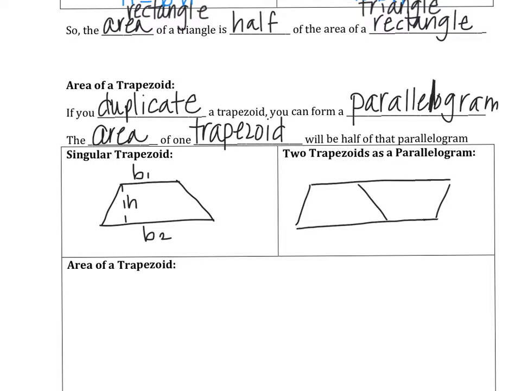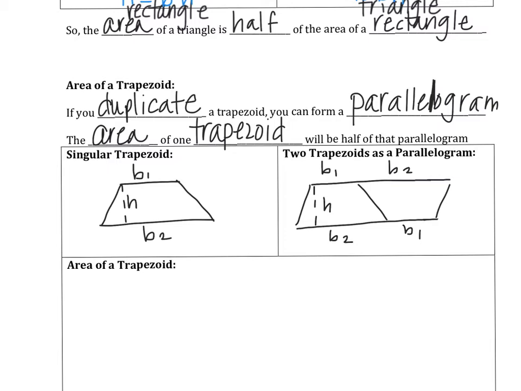So it's as if you took this one and put it here and then flipped it around and put it here, then it forms the two trapezoids, which is a parallelogram. So if we label it, it would be B1, B2, B2, B1, and then we have our height.